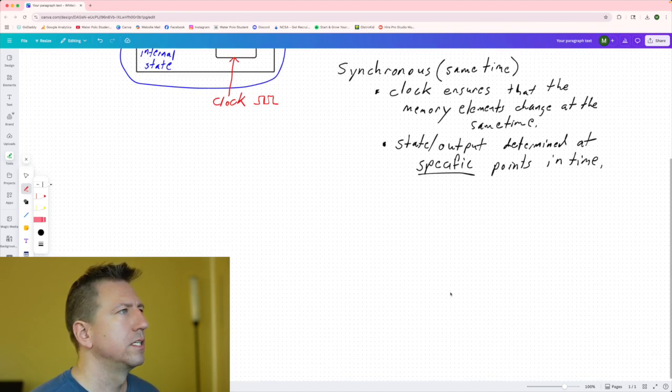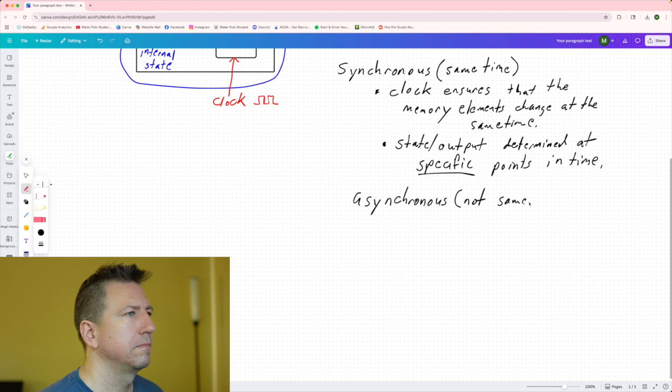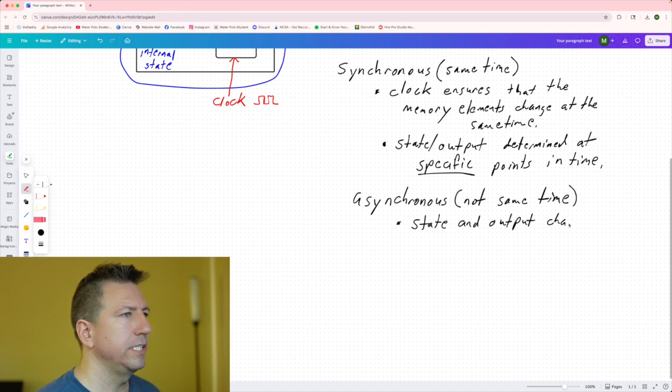So let's take a look at asynchronous. Not same time. And so state and output changes as soon as the inputs change.